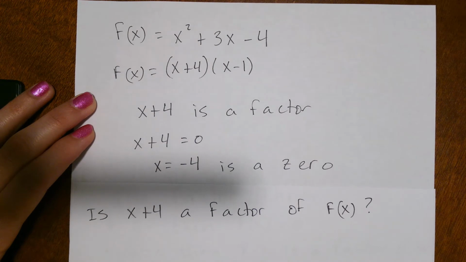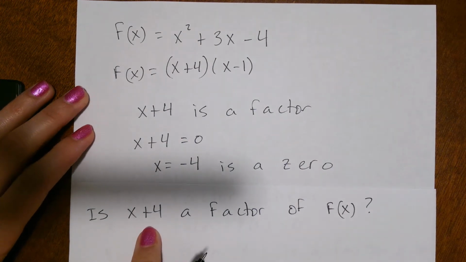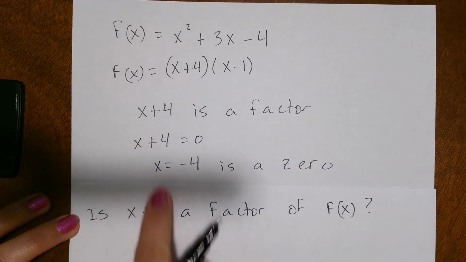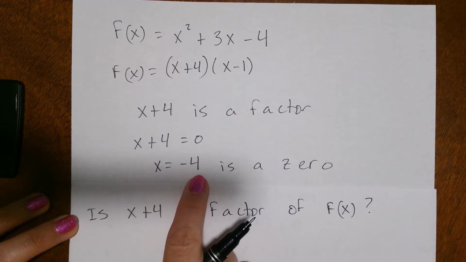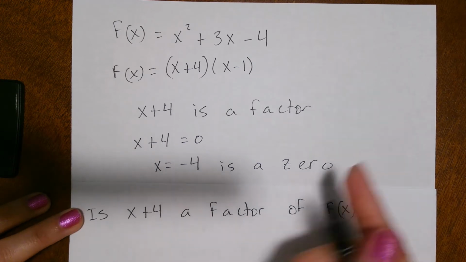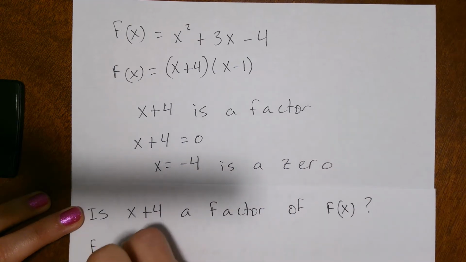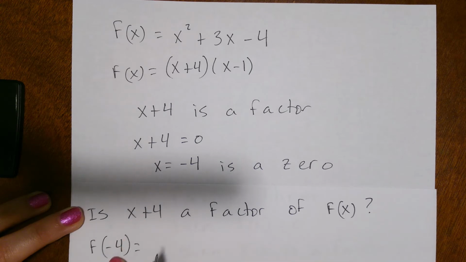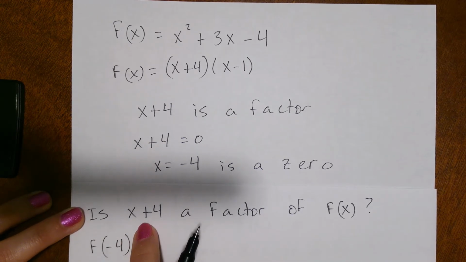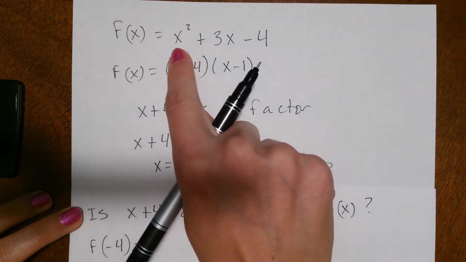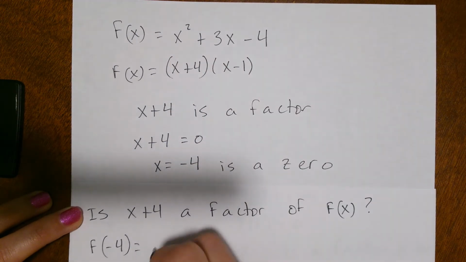So the factor theorem tells us that we can set this factor equal to 0 and solve, which we already did. We got x equals negative 4. And we can just plug it into the function. So I'm going to find f of negative 4. If it equals 0, then I know negative 4 is a 0 or a root, and x plus 4 is a factor. So let's go ahead and plug negative 4 into that original function.